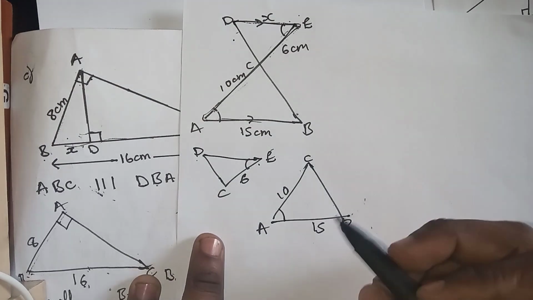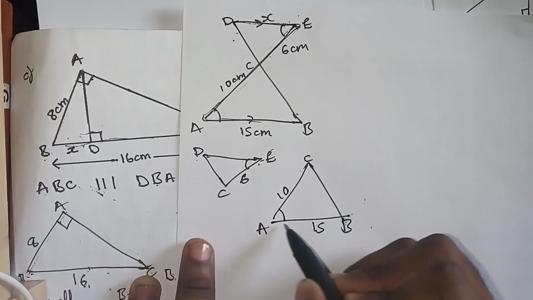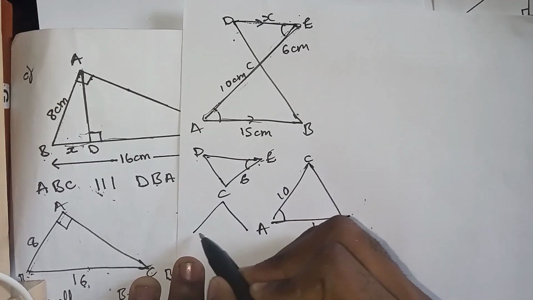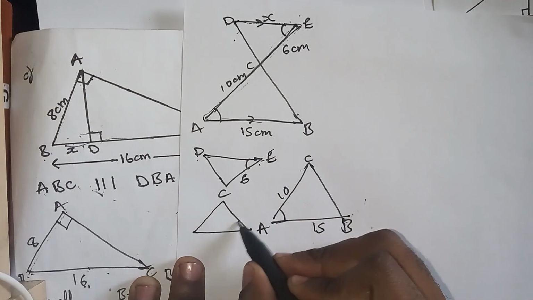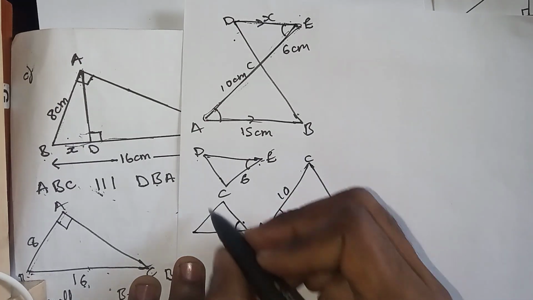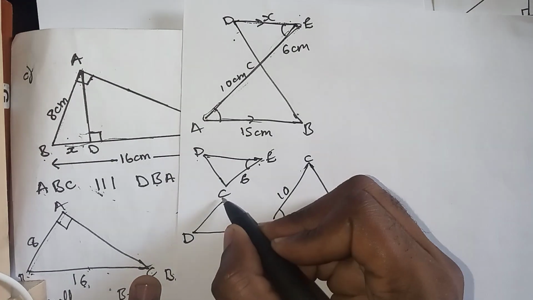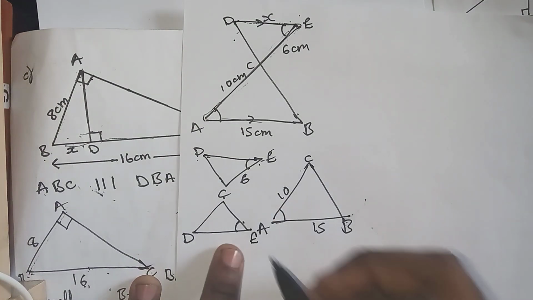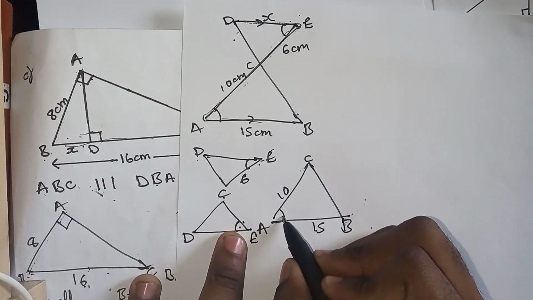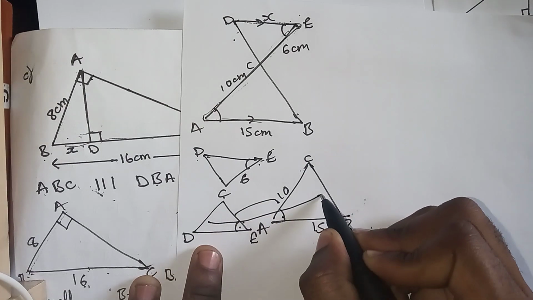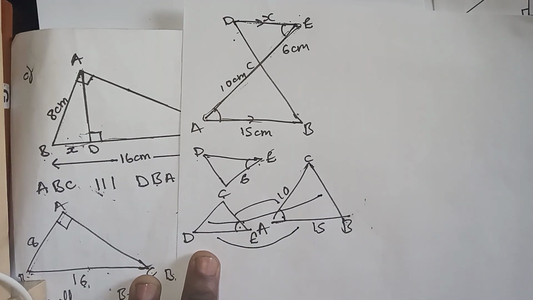So as you can see, this side is similar to this. If I was to flip this one, it would be like this. This angle here would be here, and then D will be here, E will be here, C will still be there. So since this angle is the same as this one, this is related to that, and this is related to that.